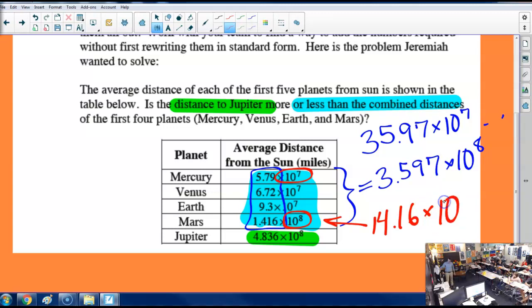So this is 14 times 10 to the 6. Or 7, sorry, 14.16 times 10 to the 7. Because if I want to reduce this power, all I have to do is move this decimal by 1. So, yes, I did just 10 minutes ago teach you how to use this and the times 10 button. You don't need that. If your values have the same power of 10, just work with the values and then put that same power of 10 on.